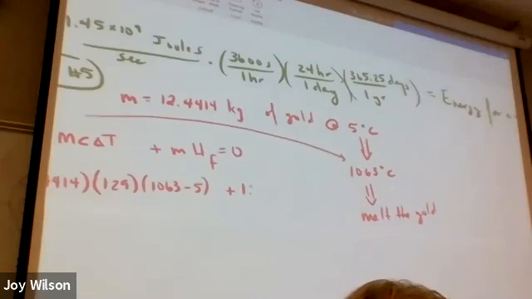Then you're going to have 1 bar of gold, HF equals 2.5 million, megajoules, 10 to the 6th.